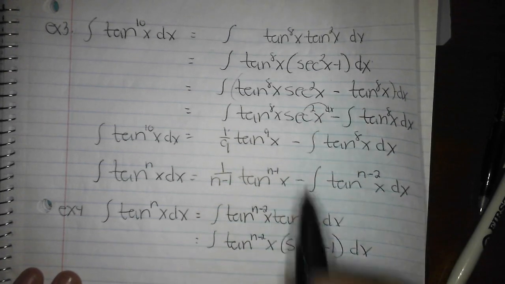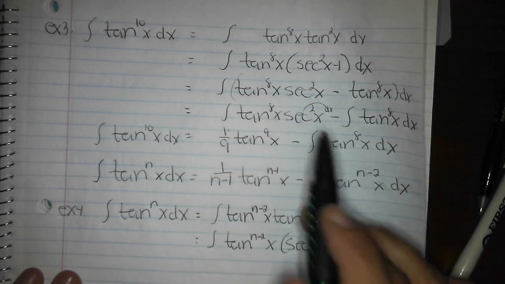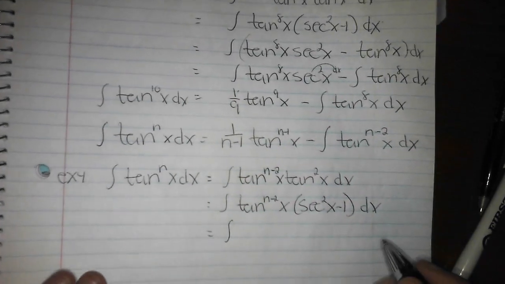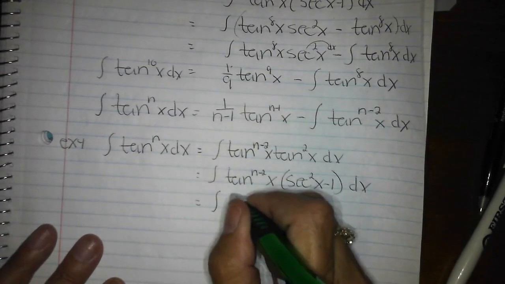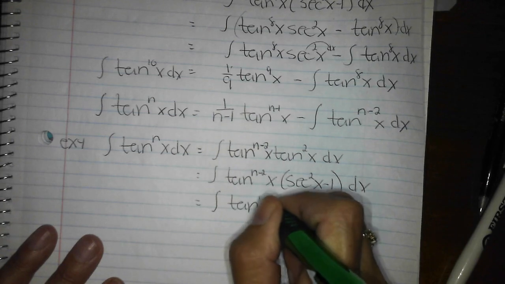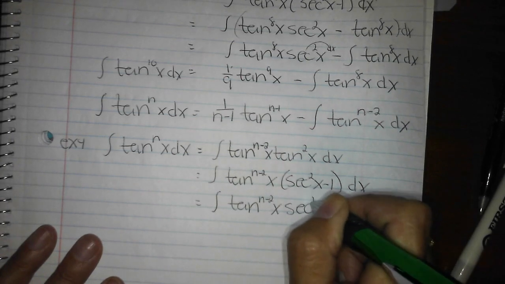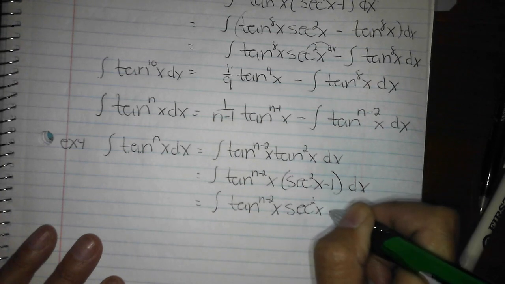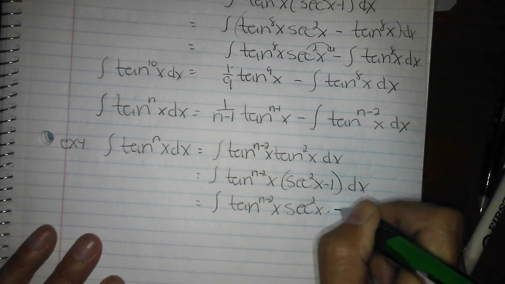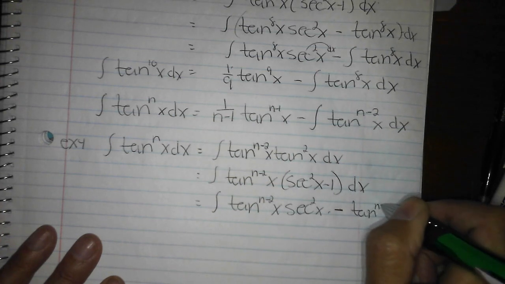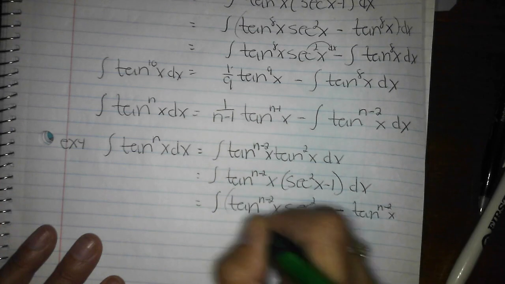The next thing I did was distribute to get rid of the parentheses. So I'll have tan to the n minus 2 x secant squared x. That'll be it, and then minus tan to the n minus 2 x, and that's both of these dx.